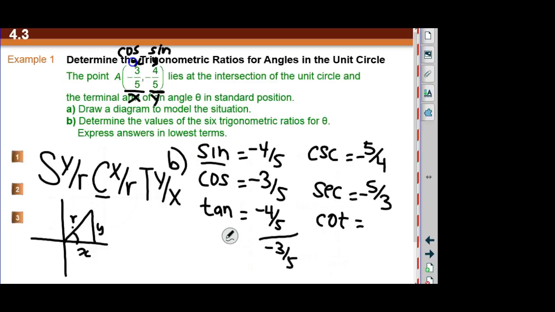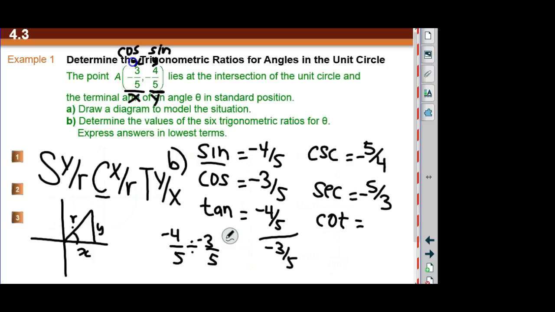Does that look like we can leave it like that? No. We can't have fractions over fractions. What this is actually saying is minus 4 over 5 is being divided by minus 3 over 5, right?